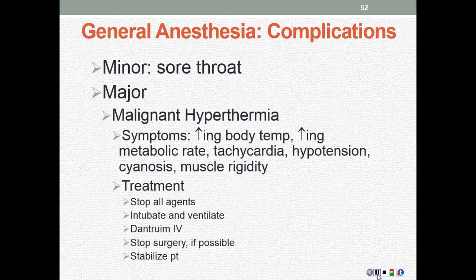In your book on page 273 is a pretty good-sized chart on what we do for malignant hyperthermia, but our basic goals are to get the temperature down, to treat the acidosis that they have with everything speeding up, and maintain their oxygenation.